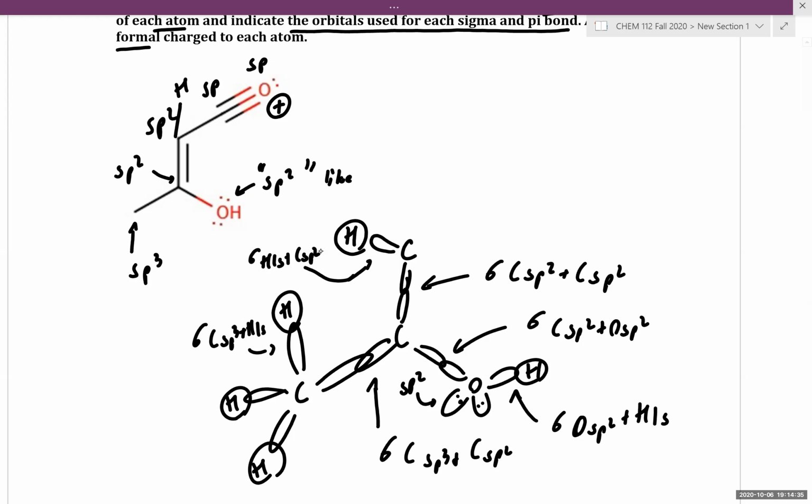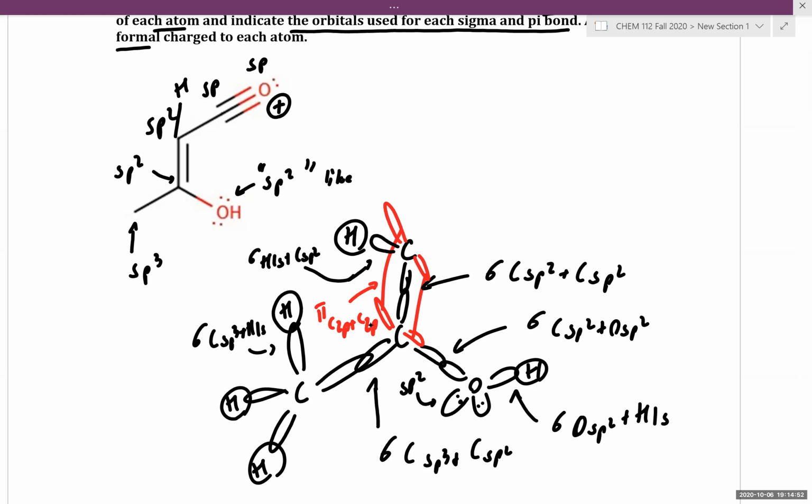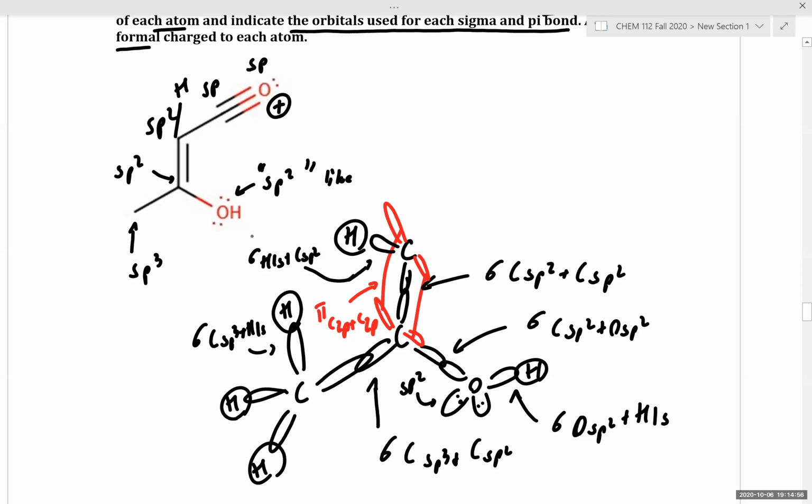Now to draw our pi bond, this would be a pi bond between a carbon 2p plus carbon 2p orbital. Remember, pi bonds are formed from the overlap of p orbitals. I noticed in some cases students labeled the pi bond as using hybrid orbitals, which is not correct.